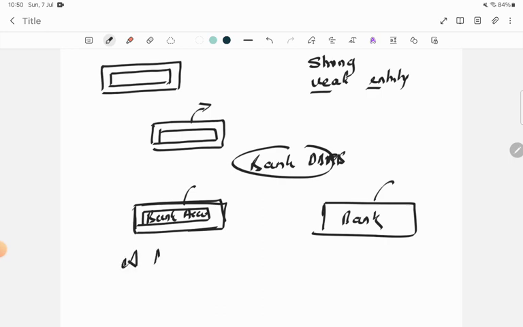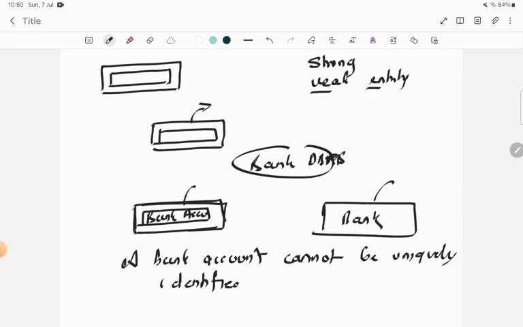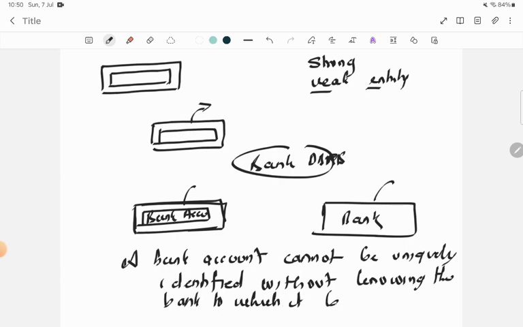A bank account cannot be uniquely identified without knowing the bank to which it belongs.